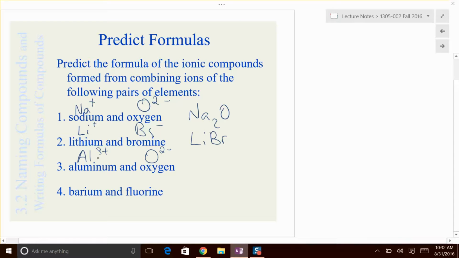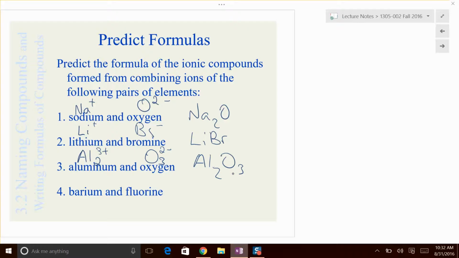So if I had 2 Als, and if I multiply O2 minus by 3, what is that? 6. So the resulting formula is Al2O3, and that balances to 0. Because you have 6 positive charges, 6 negative charges, they balance to 0. They must always balance to 0.